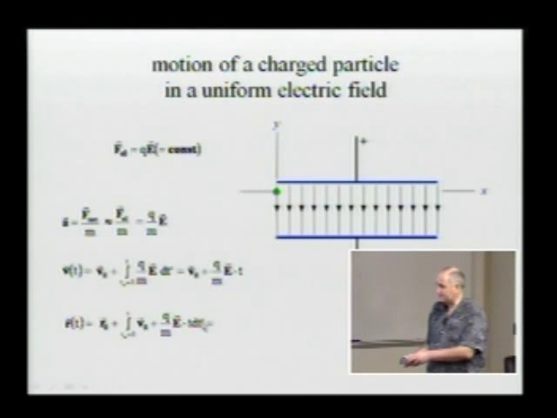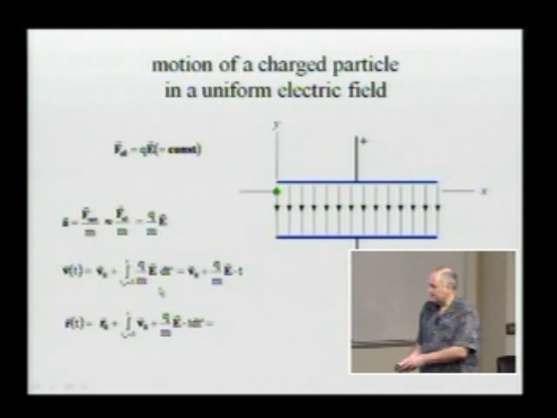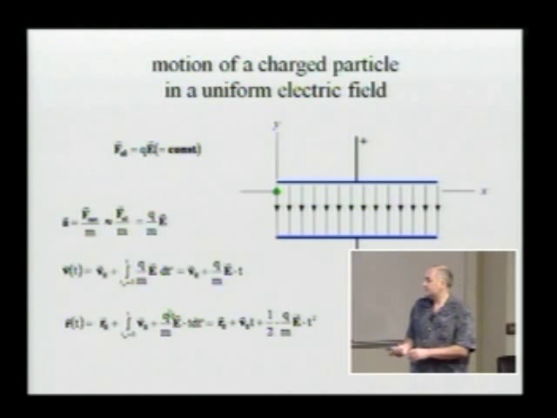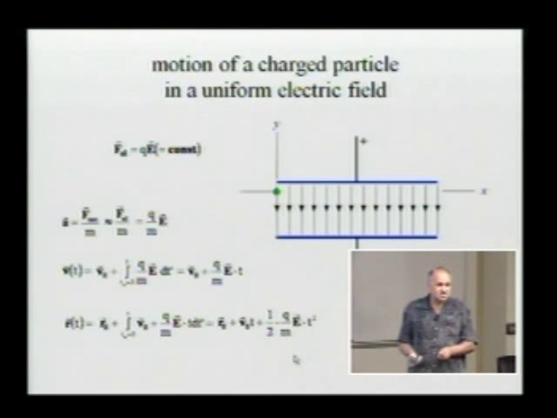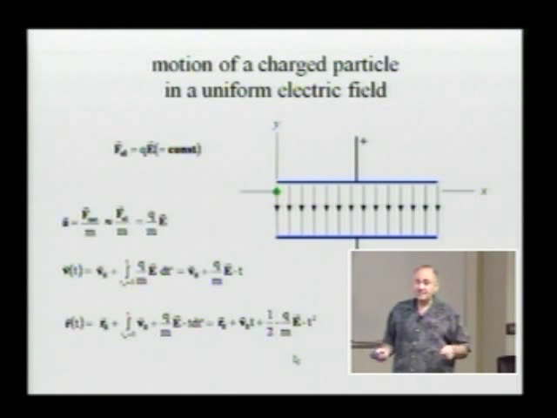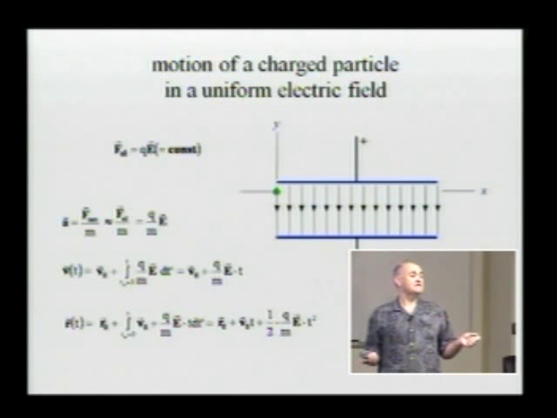Now note that this function is not constant anymore. It's a linear function of time. It contains a constant term and a term linear with time. Using the fundamental theorem of calculus, I can continue the calculation and find the expression for position at an arbitrary instant. Can you recognize these formulas?